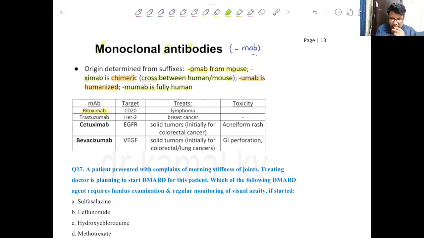So depending on the terminology, ximab or zumab, you can understand what is the origin of this monoclonal antibody. Okay, so ximab is chimeric and zumab is humanized, right? So this is cetuximab, trastuzumab, right? So that way you can understand the nomenclature, which is very interesting nomenclature here.